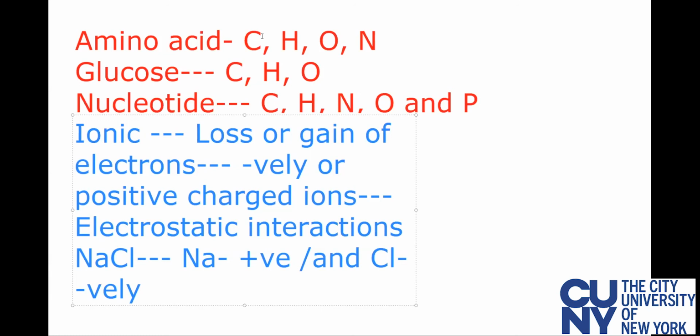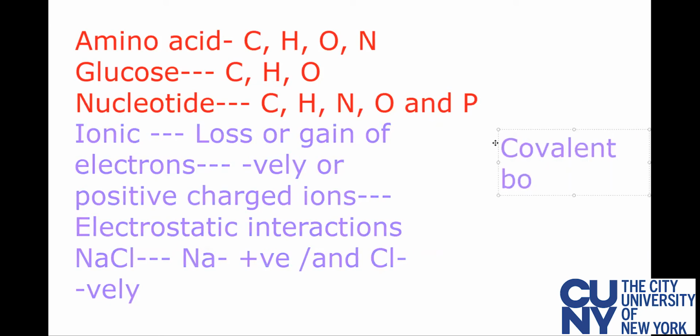A covalent bond, covalent bonds are formed by sharing of electrons. And what are the examples?